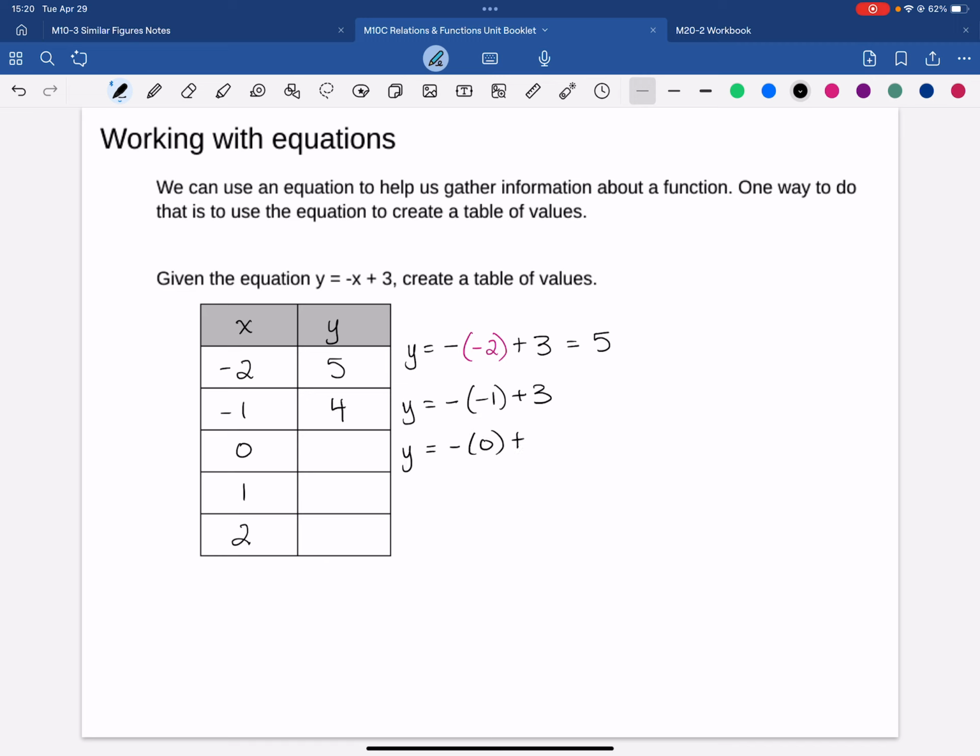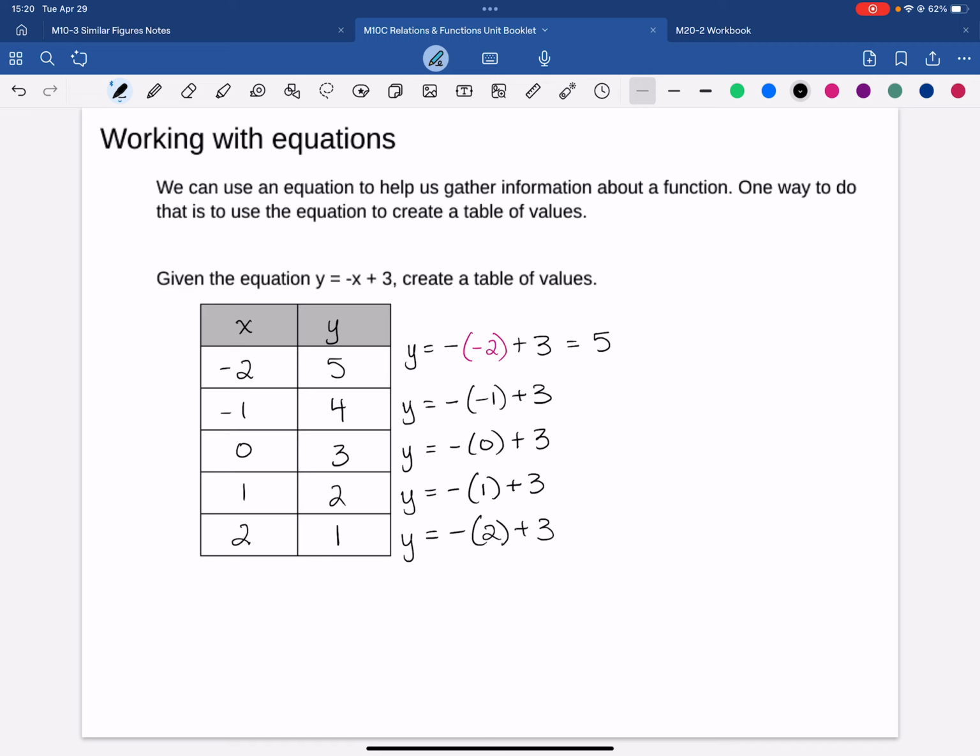Substitute your input, and then you determine what your output is based on that input. And watch for your negative signs like that, especially if you have a negative input and you have a negative X value. Okay, and so that's what we're doing.